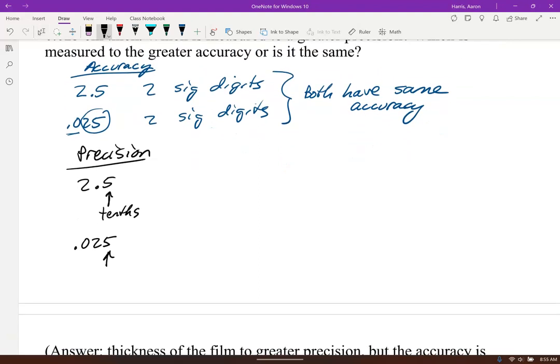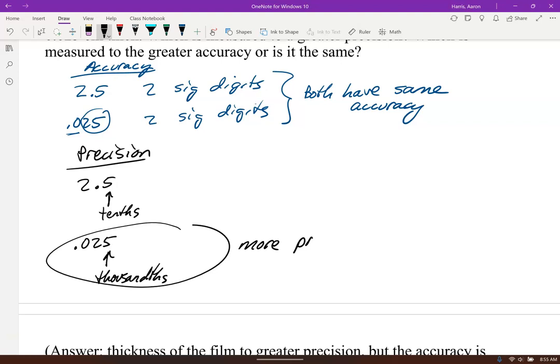So that would be the tenths, hundredths, thousandths position. So this one's more precise. So the thickness of the film is measured to a greater precision. Then they measured the length.